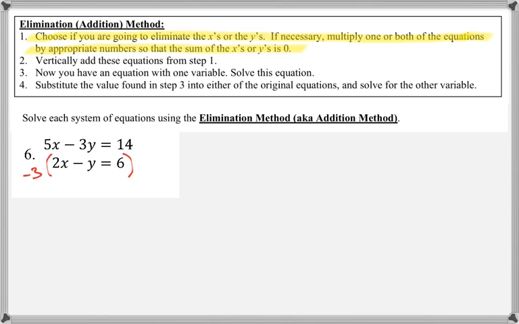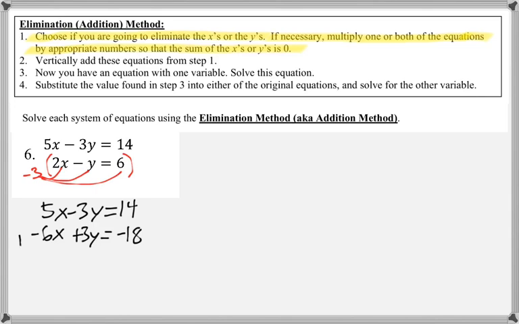So the top equation I am not changing at all. The bottom equation is going to become negative 6x plus 3y is equal to negative 18. So we are distributing that negative 3.